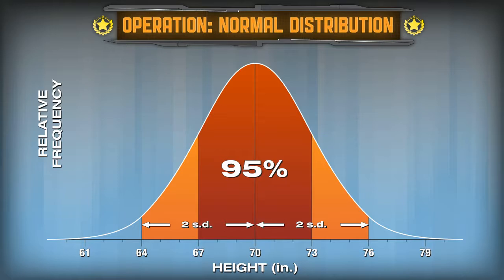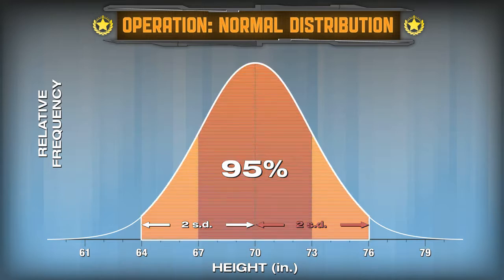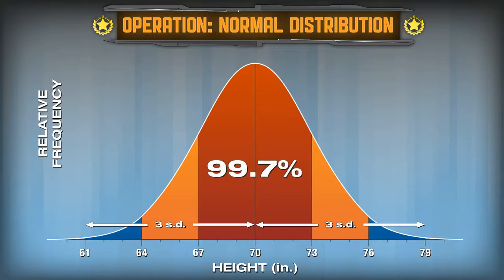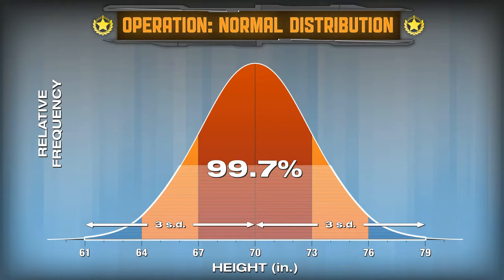When we say within 2 standard deviations of the mean, we are referring to 2 standard deviations above the mean and 2 standard deviations below the mean. Finally, let's look at 3 standard deviations above the mean, up to 79 inches, and 3 standard deviations below the mean, down to 61 inches. 99 and 7/10% of men's heights are within this 3 standard deviation interval.